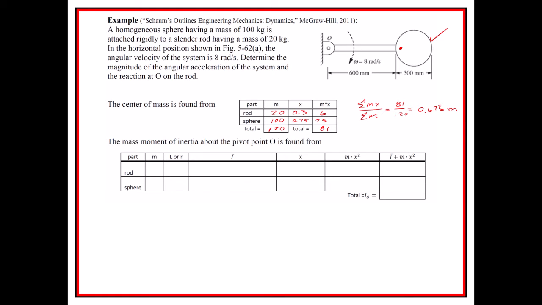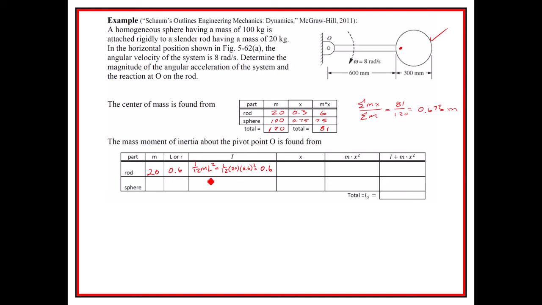And if we want to get the mass moment of inertia of the rod, we get 20, and its length is 0.6. So we take 1/12 mass times L squared, or 1/12 times 20 times 0.6 squared, and it ends up with 0.6.